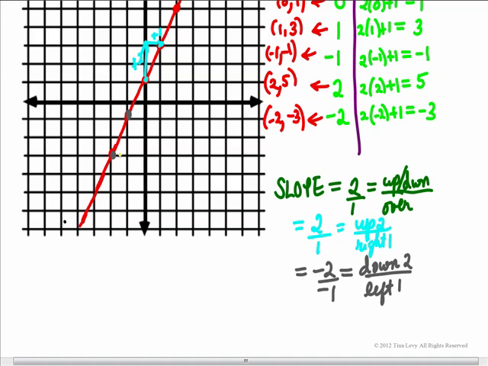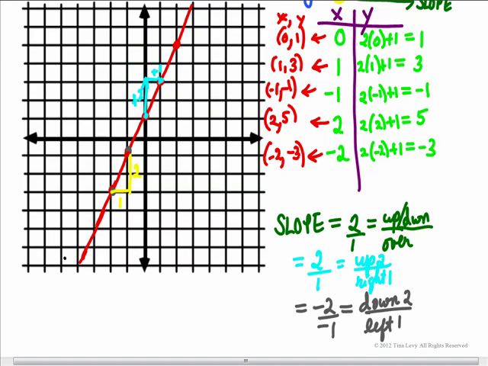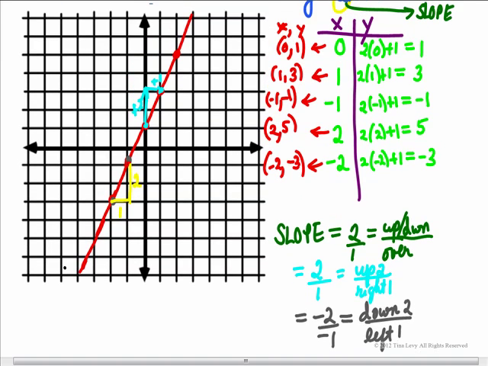You can see the ratio is always 2 units to 1, and that's what the slope means. So we will be able to use it to graph that line. We're going to go to the next page and graph that line just using this concept of slope.